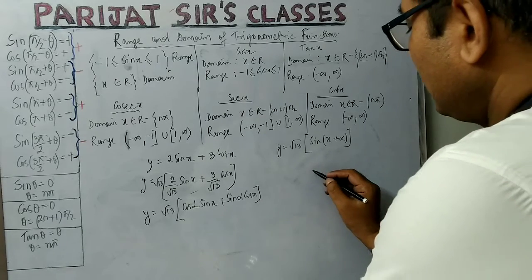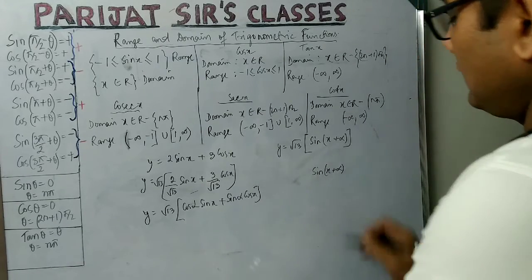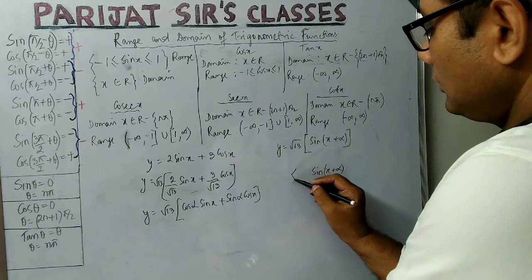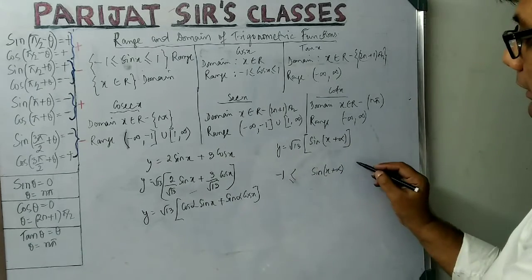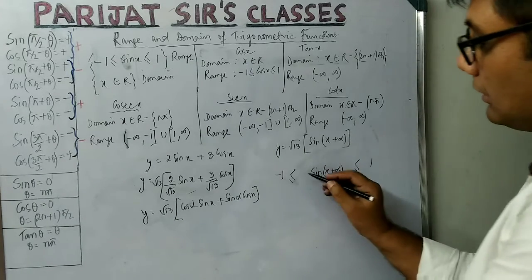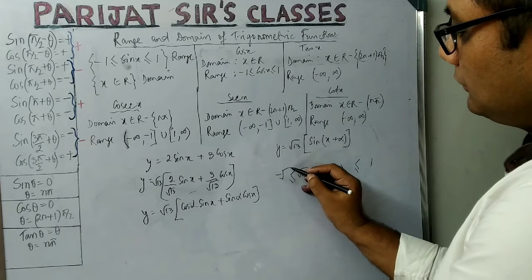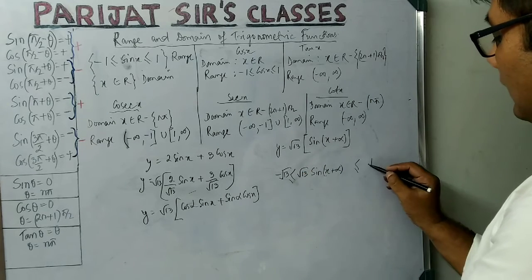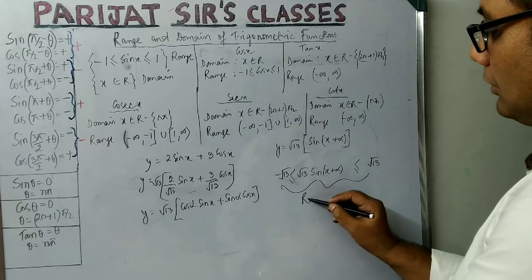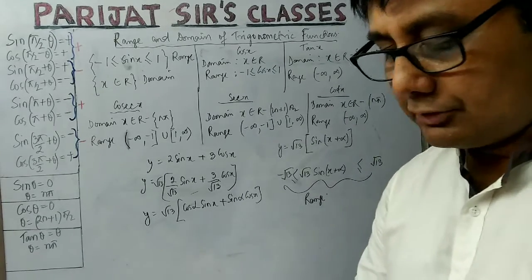Sin(x plus alpha) has no control over the range, so it will lie from -1 to +1. But there is a root 13, so I will multiply with root 13 on both sides. So this will become minus root 13 and this will become plus root 13. So this is the range of this function.